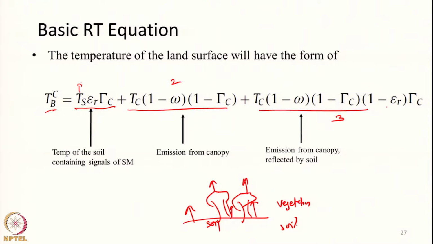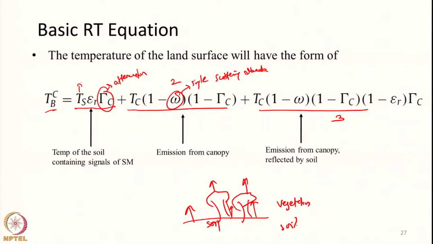Among these things, we have the attenuation parameter by vegetation, and then the single scattering albedo and so on. There are several variables involved, but for the sake of simplicity we will not discuss all these things in detail here.